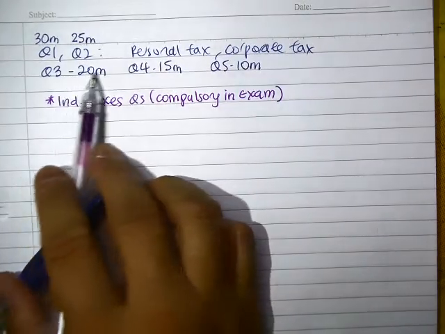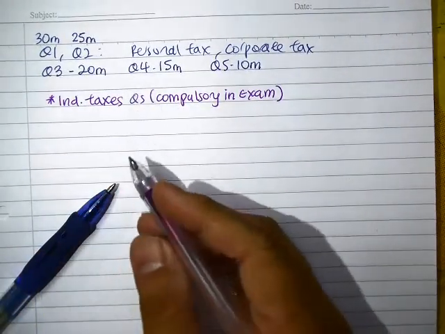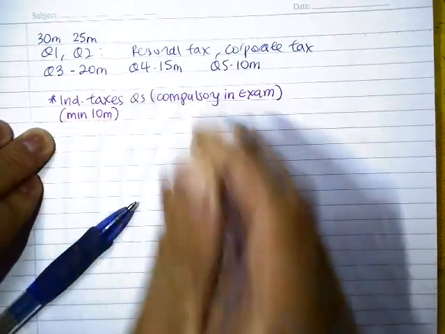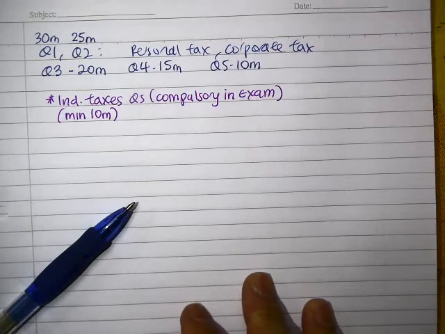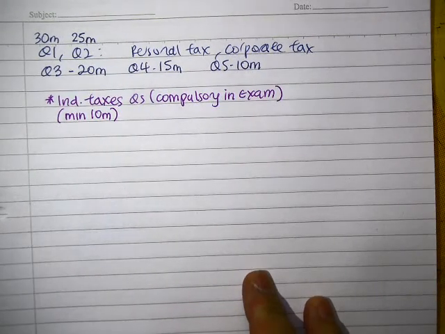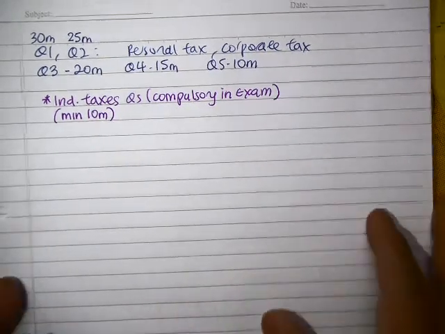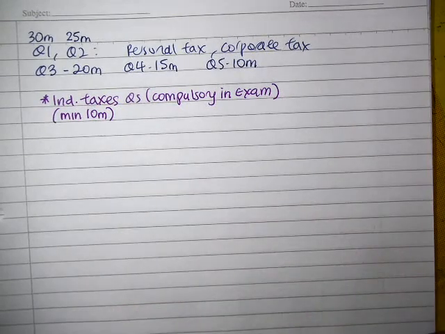It can be in any of the questions, whether it's 3, 4 or 5, but definitely you will get indirect tax, and the minimum will always be 10 marks. It's not exactly 10 marks, it can be more than 10 marks, but so far we can see the examiner being quite consistent, testing about 10 marks here. Follow?